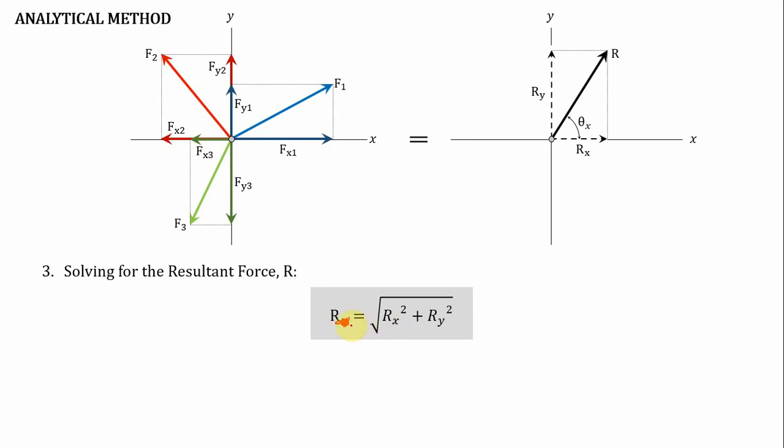So if we consider this right triangle, since this Ry is parallel to this line, so this is Ry also, and we know that this line is the resultant force. Since this is a right triangle, we can use the Pythagorean theorem. So therefore, R is equal to the square root of Rx squared plus Ry squared. So, yun yung formula niya.